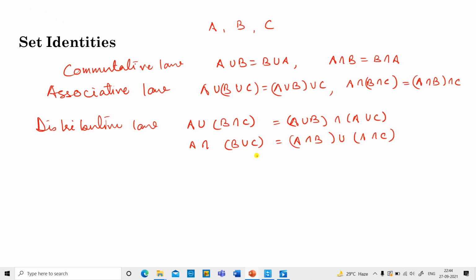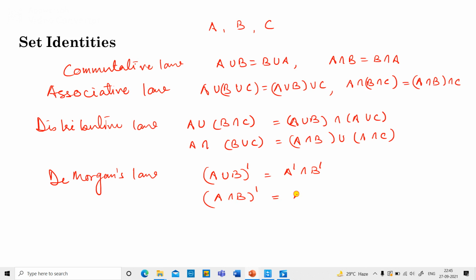So these are the distributive laws. Similarly, you can define De Morgan's law: (A union B) complement equals A complement intersection B complement, and (A intersection B) complement equals A complement union B complement. These are some set identities.